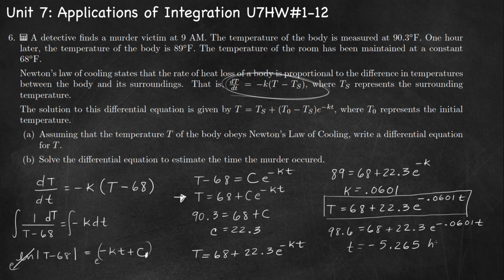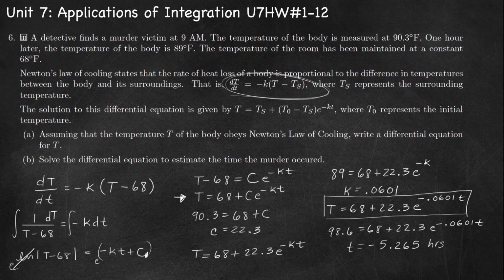And t is measured in hours, and when t is 0, it was 9 a.m. So we have to go back 5.265 hours from 9 a.m. So if we go back 5 hours, we're at 4 a.m., and then we have to go back another 0.265 hours. Remember, an hour is 60 minutes, not 100 minutes.